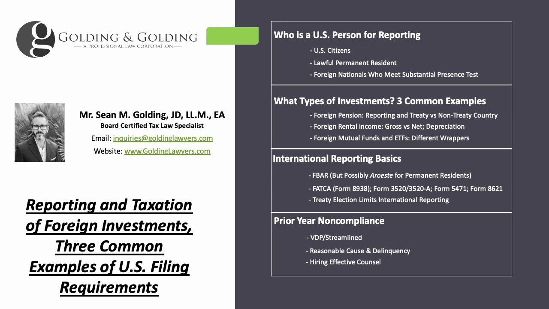When you have these types of investments, there are different forms that you need to file. We have lots of other presentations on that, but just to go over it briefly, the main form is the FBAR, Foreign Bank and Financial Account Reporting: bank accounts, investment accounts, stock accounts, mutual fund accounts, pension plans, life insurance policies where there's a surrender value, and other stuff as well.